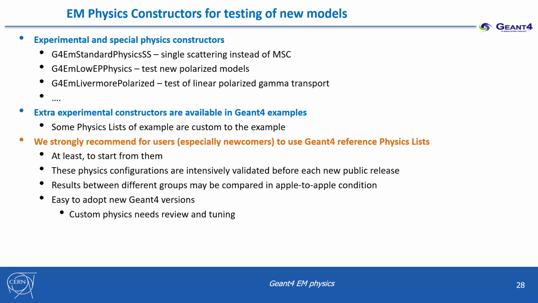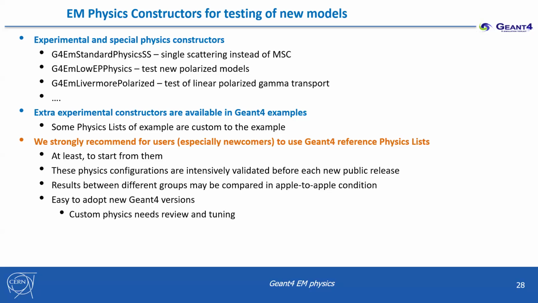Extra experimental constructors are available in Geant4 examples. And some physics lists are custom, for example, not all Geant4 examples use physics list from Geant4 library. We strongly recommend, nevertheless, especially when you start to learn, to begin from reference physics list.